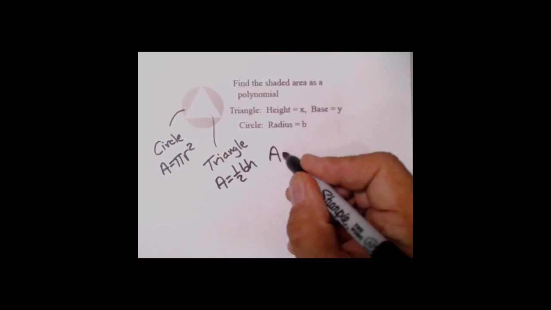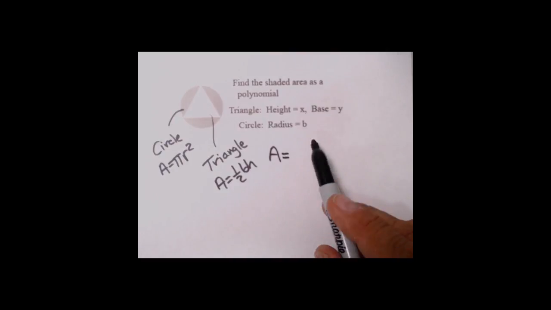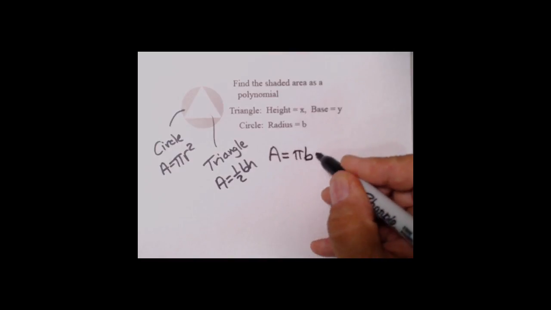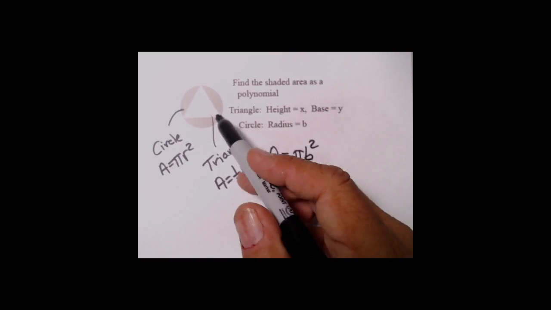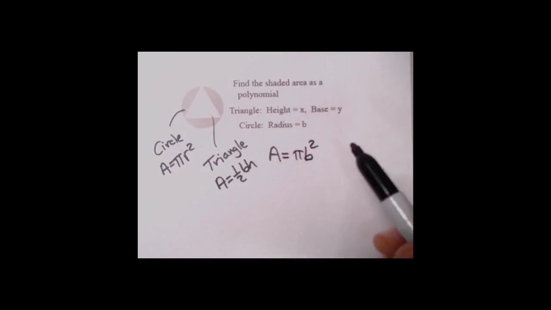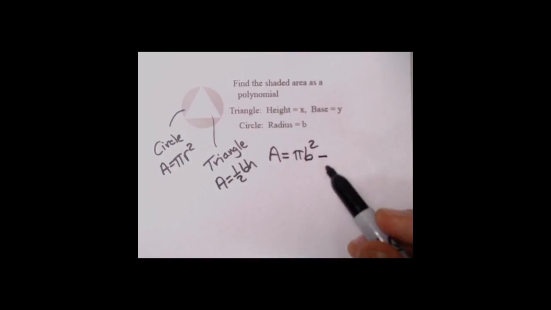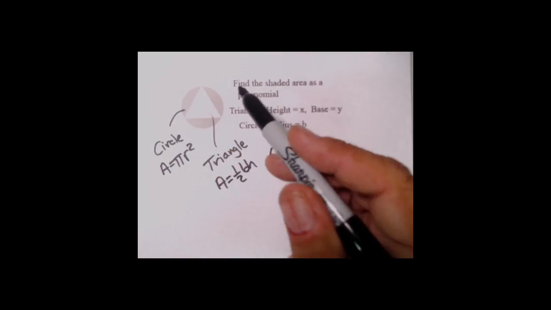If the whole circle was there, and remember they tell us to use b for the radius, it would be pi b squared. That would be the whole circle. But we cut out the triangle in it, so what we have to do is subtract that part out.